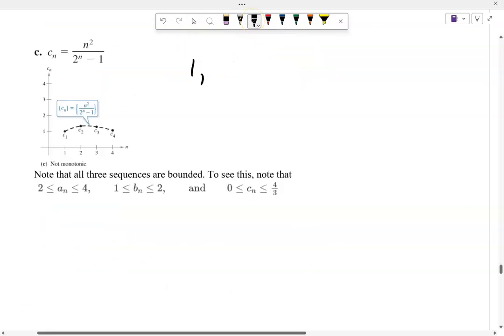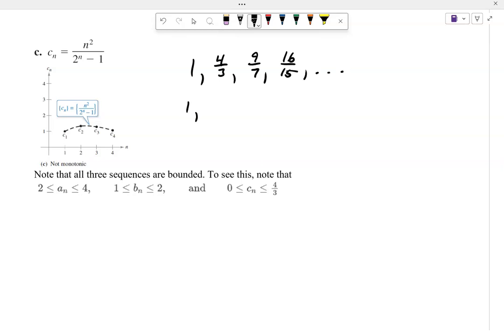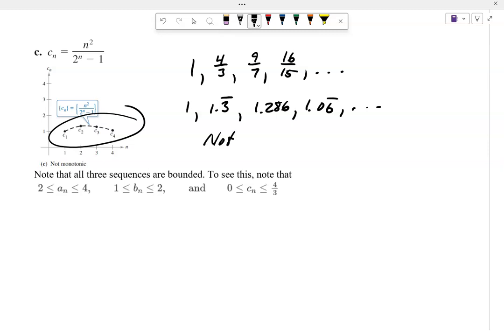You'd have 1, then you'd have 2 squared over 2 to the 2 minus 1, so you'd have 4/3, you have 9/7, 16/15, and so on, right? So you can see how it goes up and then it comes back down, right? In other words, this is not monotonic, right?